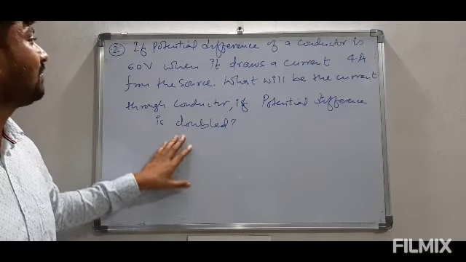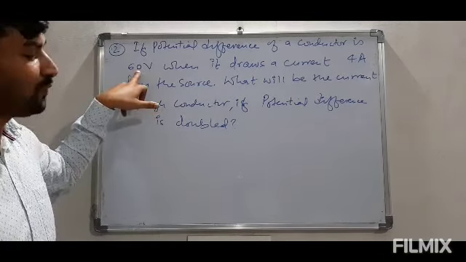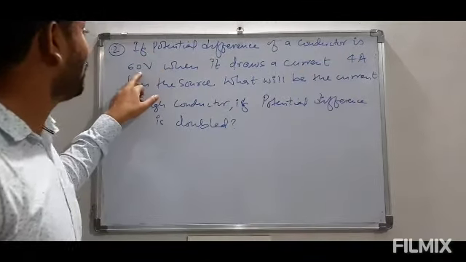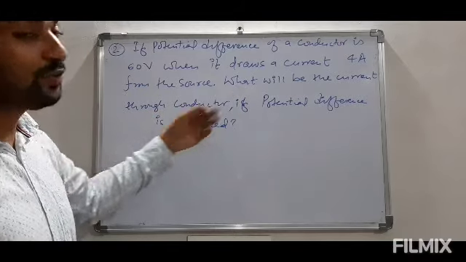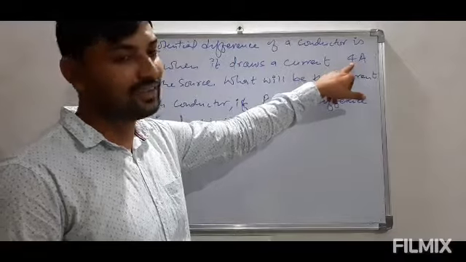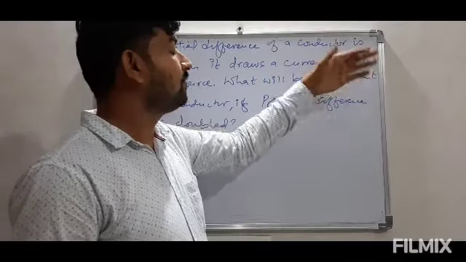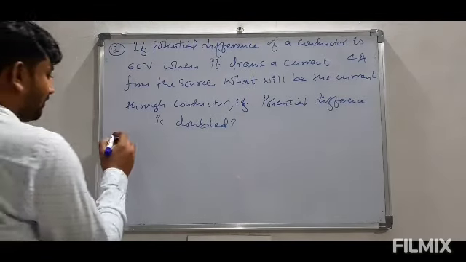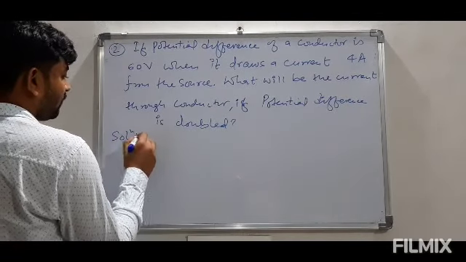By Ohm's law, when potential difference was 60, the current was 4. If the potential difference is double, what will we get? We will definitely get the current double of this, which will be 8 ampere. But let us solve this by using simple concepts we have discussed now.